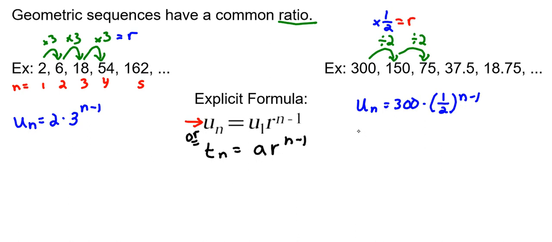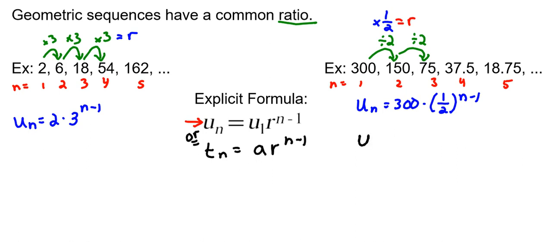Now, I am able to use these formulas then to solve for a future term in here that's not listed out. Again, my terms are 1, 2, 3, 4, 5. But I could solve for, say, what is my 9th term?